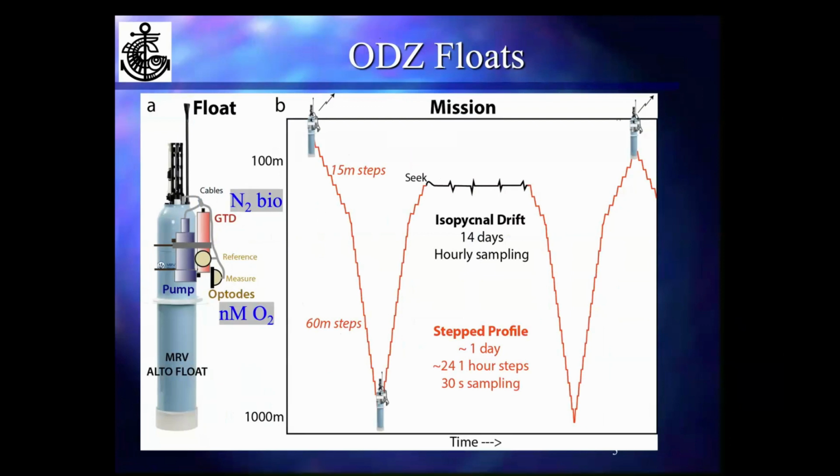That depends on pumping, which uses energy from the battery. If you're not pumping water over the surface of the GTD's membrane, that increases its response time. So we need to get profiles. We had to have the float actually stop a little along the way so we can get equilibrated values for nitrogen gas pressure.